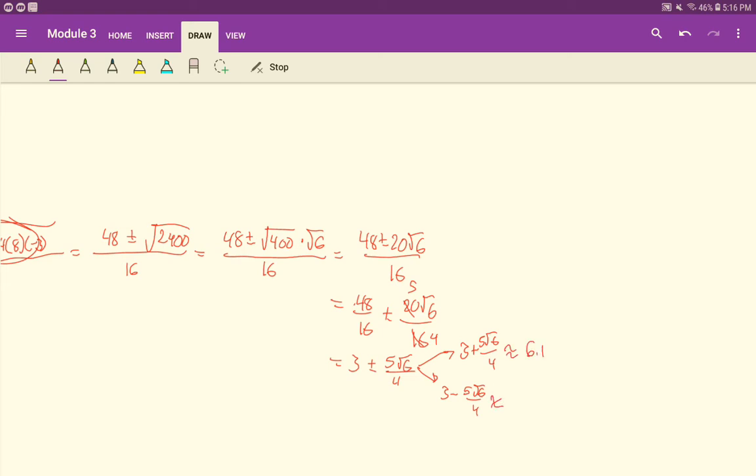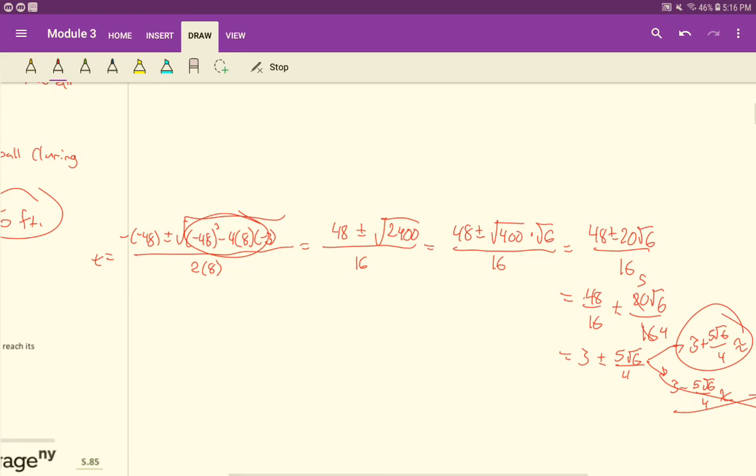Squiggly equals is for approximate. And this is approximately negative 0.06. Do both of these answers make sense in context as times when the ball hits the ground? The answer is no, right? This negative time would not make sense. So we're just going to stick with this one time here of 3 plus 5 root 6 over 4.